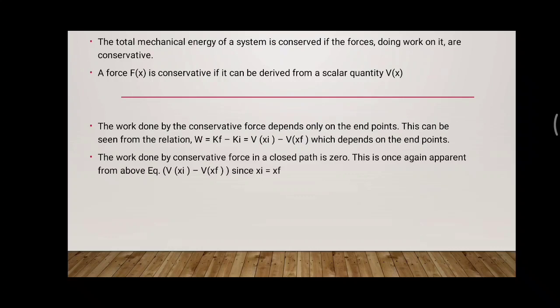The force should be conservative, then only can we say the mechanical energy is conserved. And as the force F of x is conservative, it can be derived from the scalar quantity V of x. So the condition of a conservative force is that it should be derived from a scalar quantity. You know that F of x is equal to minus dV of x divided by dx.